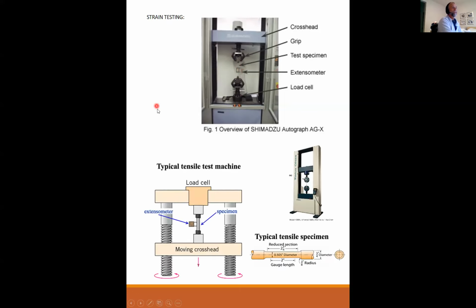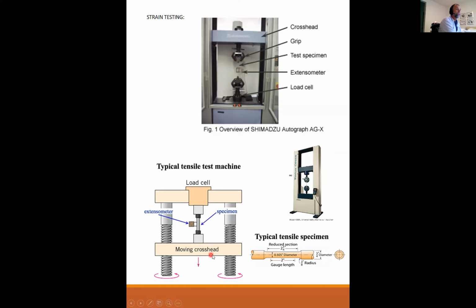We also have another diagrammatic way of showing this, where you have the test specimen, which could look something like this. Your gauge length may be 2 inches, and you have a known diameter in this region that gives you a known area.